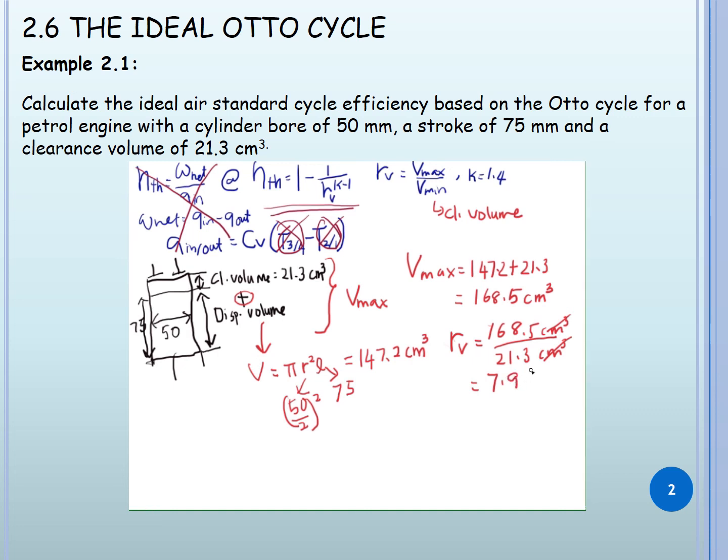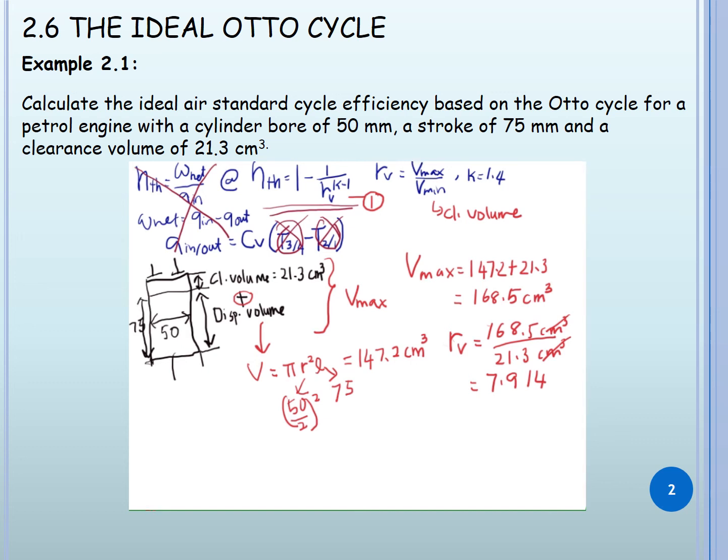The answer is 7.914. If we substitute into the first equation above, we will get the answer of 56.3%.